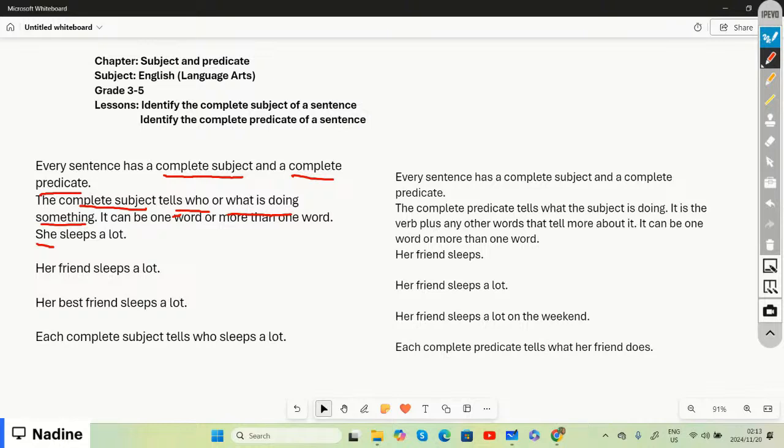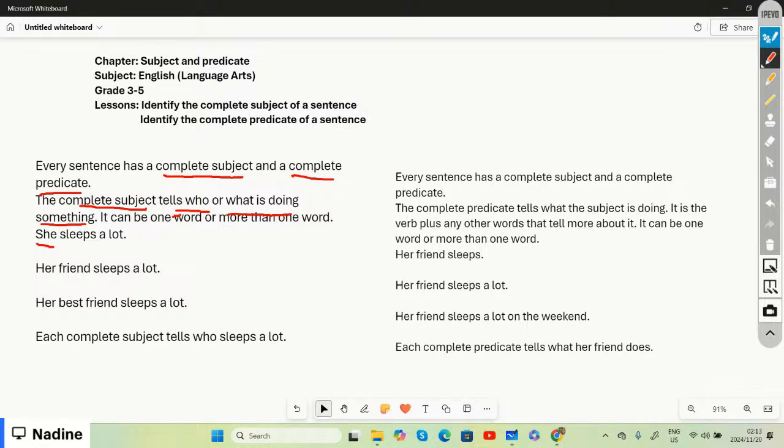The next one says, her friend sleeps a lot. What do you think is the complete subject within that sentence? We identified that she is the subject in the first sentence, which is she sleeps a lot.